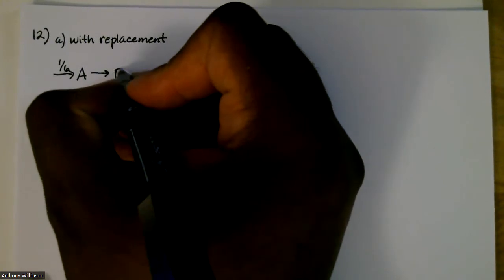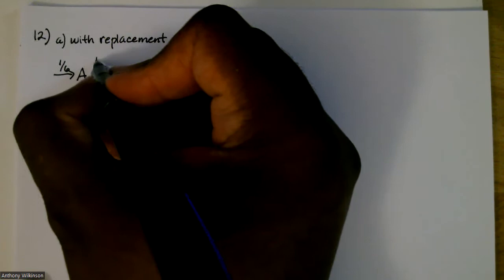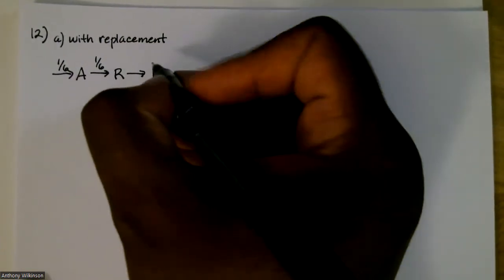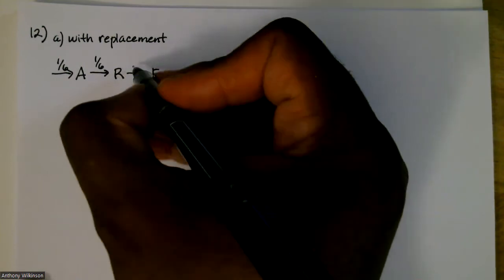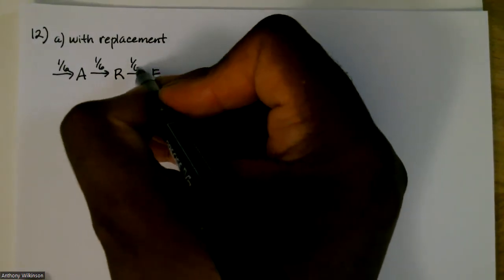There's only one R in the word, so that probability will still be 1/6. And there's still one E in the word, also 1/6.